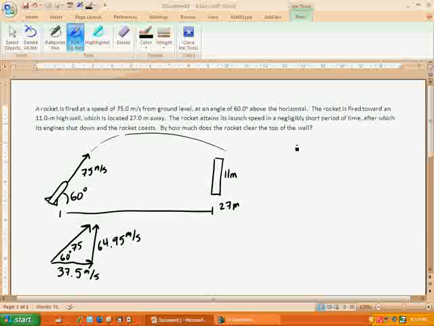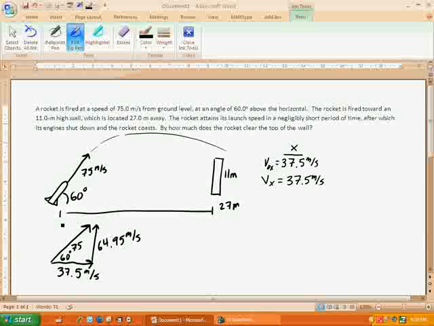Now from this point, let's list the information that we have and see what we can get. In the x direction, the initial velocity is 37.5 meters per second. Since it's projectile motion, nothing is causing it to speed up once it's in the air, right? It told us the acceleration happens right at the beginning. So once it's in the air, its horizontal velocity stays the same the whole time, so my final x velocity is still 37.5 meters per second.